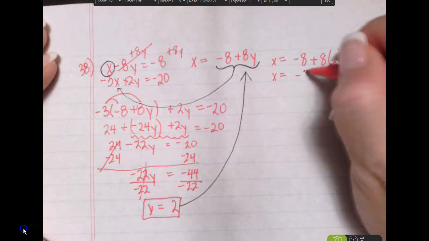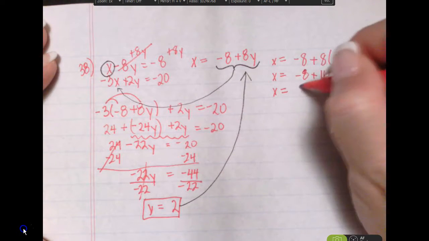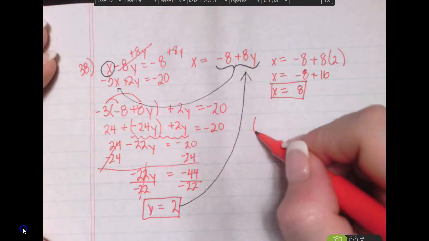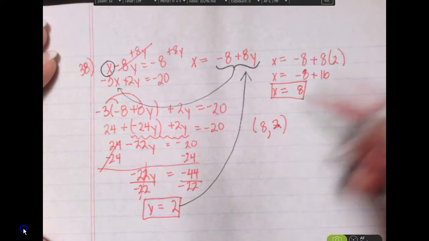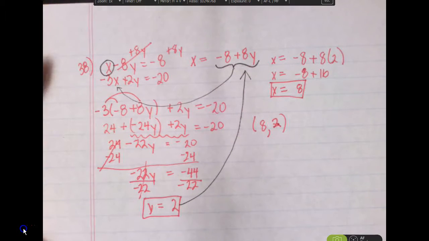So -8 plus 16, so I get x equals +8. So I'm done solving a system of equations once I have values for x and y, and I can write my solution as an ordered pair.